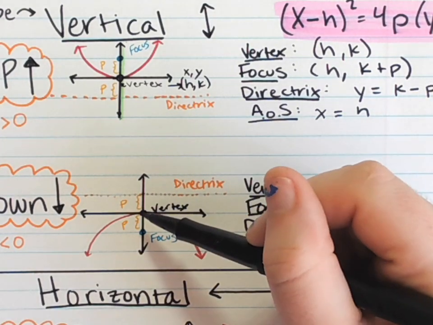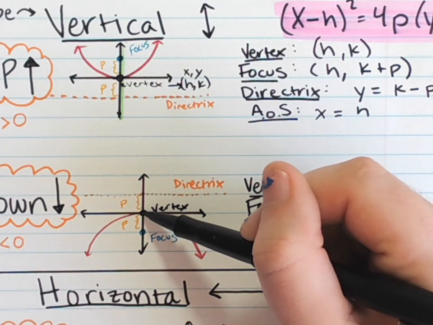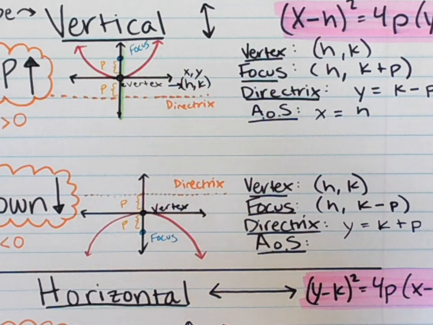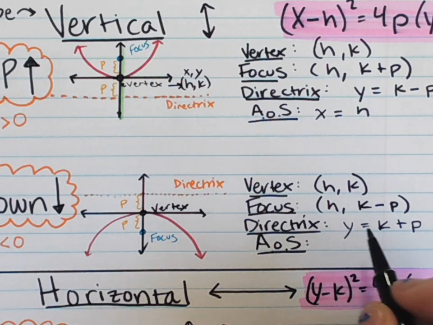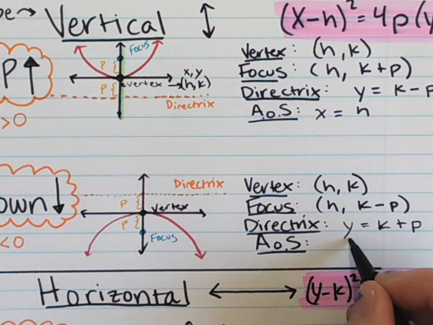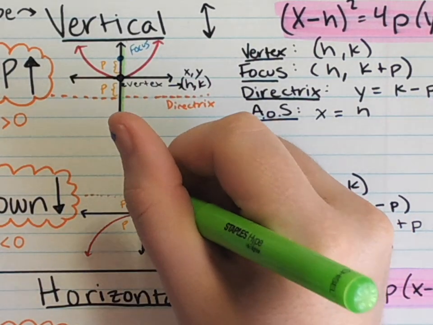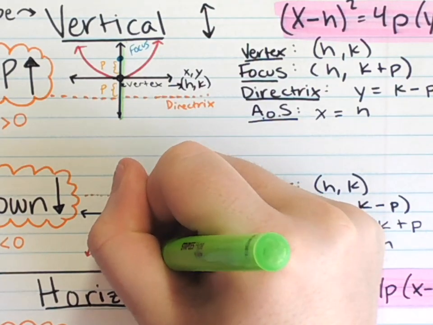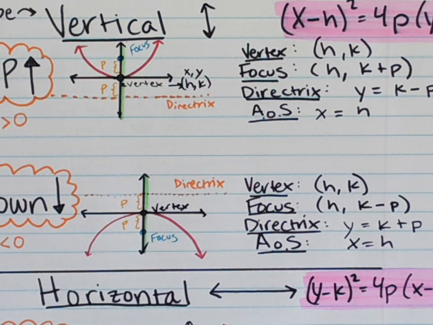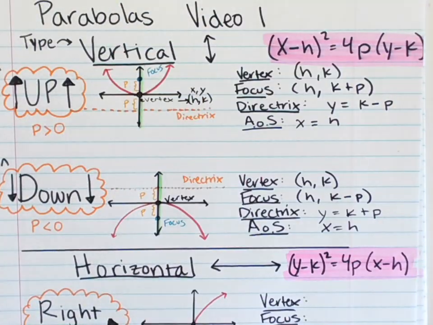But if you know what your vertex is and it's facing down, the directrix is going to be above the vertex. In this one, the axis of symmetry is still x equals h, because it's passing through the vertex, through the x-axis, on whatever h is. All right, there's those two.